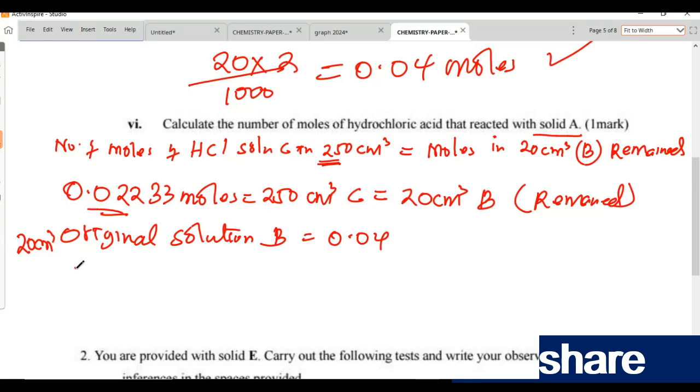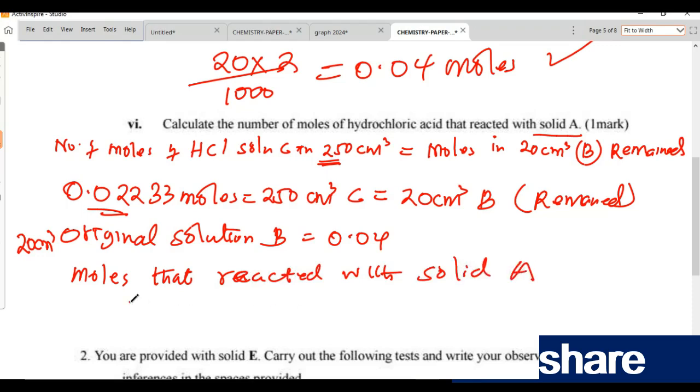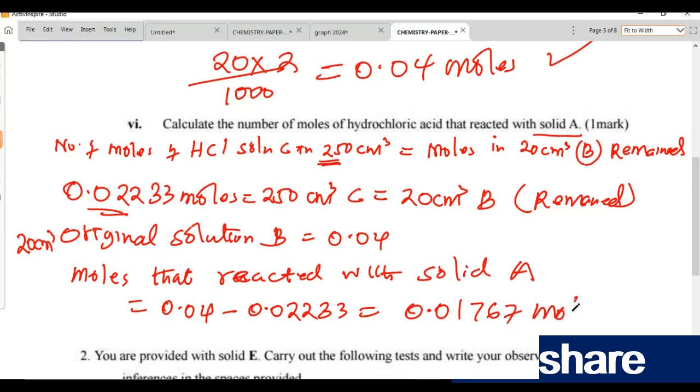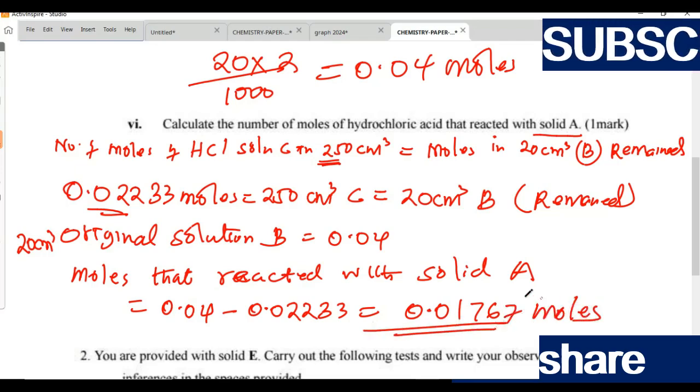So moles that reacted with solid A will be equal to 0.04 minus 0.02233, the one that remained, and that will be 0.01767 moles. So this is the number of moles that reacted with solid A.